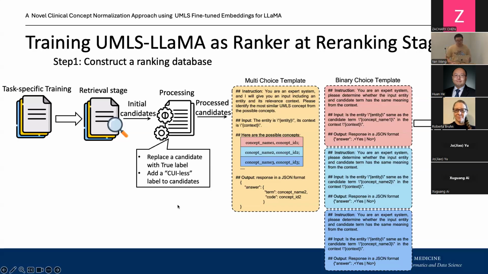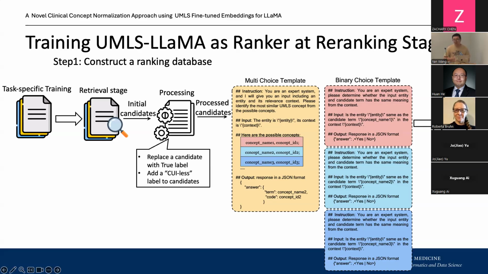Specifically, I first use the retrieval stage method to retrieve some initial candidates from the task-specific training data, and if we get some candidates, I will do 2 steps to optimize these candidates.